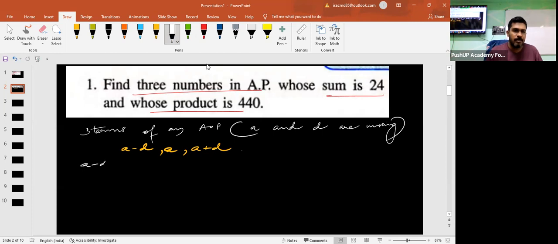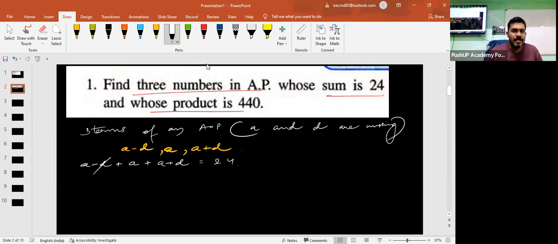That means the sum of A minus D, A and A plus D is equal to 24. Does that make sense? They haven't given you the values of A and D, but they have given you the relation between the three terms. The sum of the three terms is equal to 24. So I can write A minus D plus A plus A plus D is equal to 24.